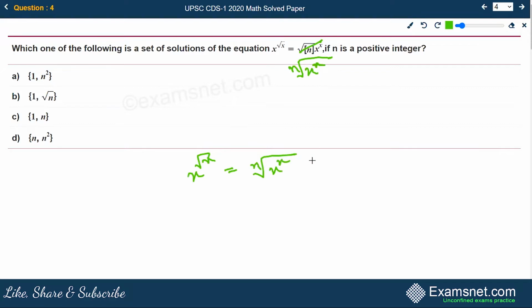The concept we are going to use here is that log a to the base b can be written as b multiplied by log a. This logarithm rule we are going to use in order to solve it.